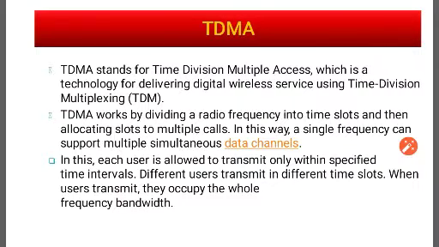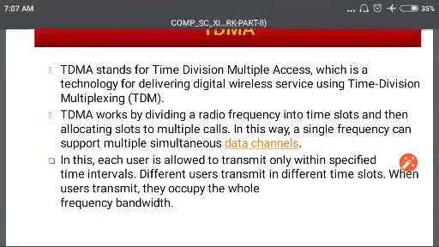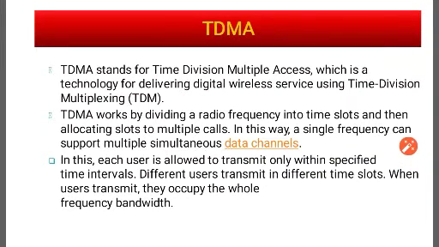So how does it work? TDMA works by dividing a radio frequency into time slots and then allocating the slots to multiple calls. In this way, a single frequency can support multiple simultaneous data channels. Data channels, I guess all of you know; this is a term that we learned in our previous sessions.